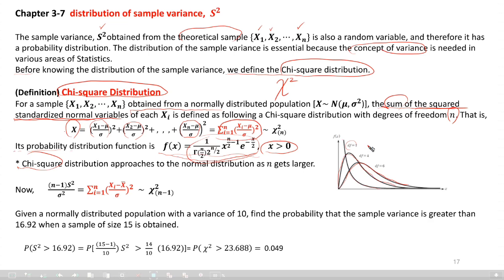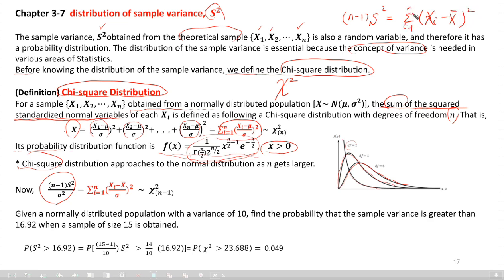Now, we cannot say much about the distribution of S square directly. Instead of S square, we use this one: (n minus 1) S square over sigma square. What is (n minus 1) S square? It is the summation of (Xi minus X bar) squared, i from 1 to n.